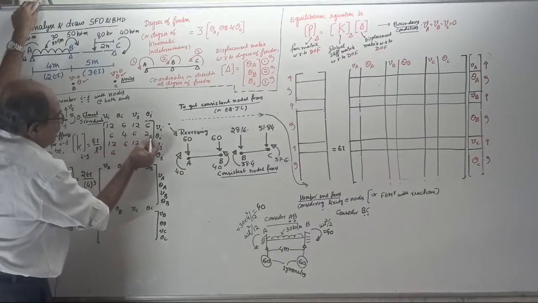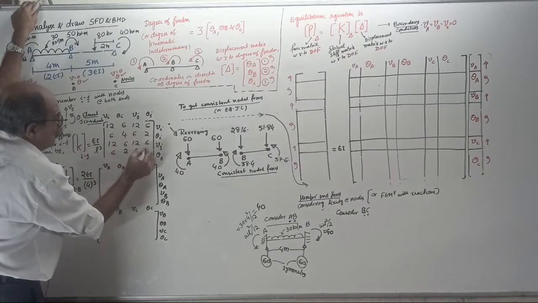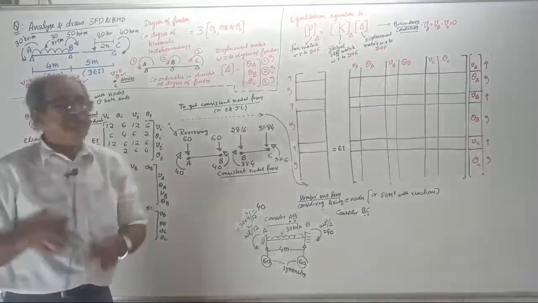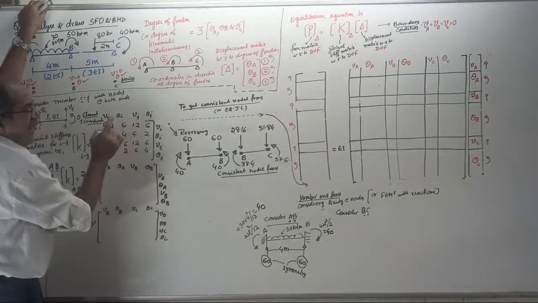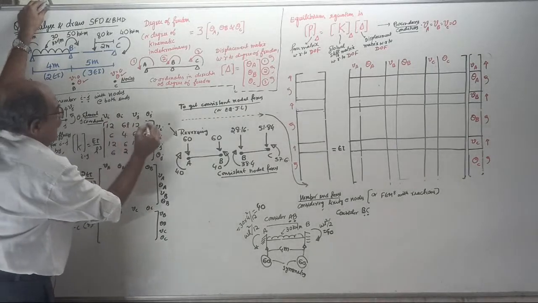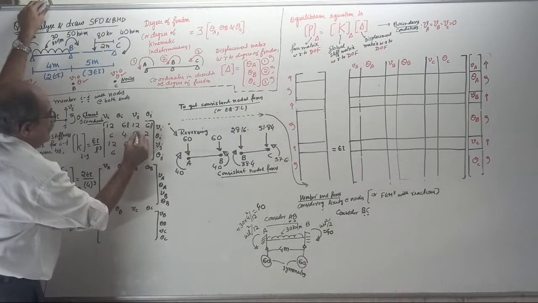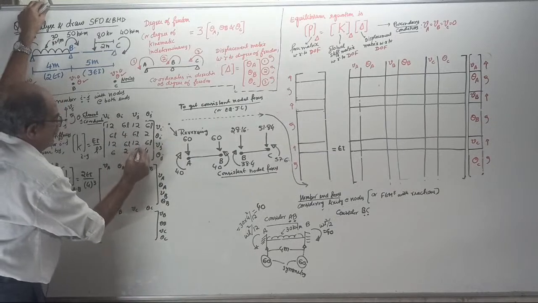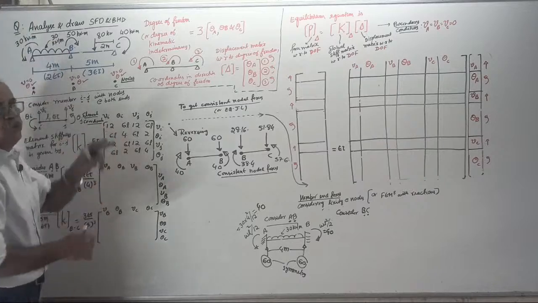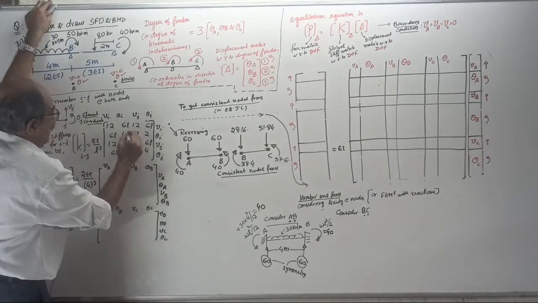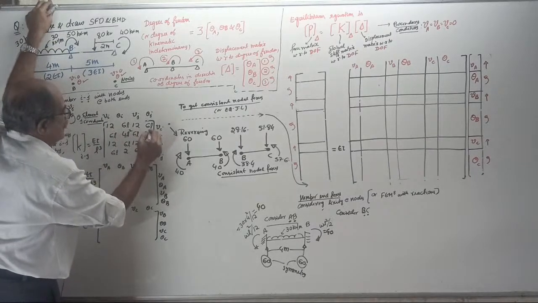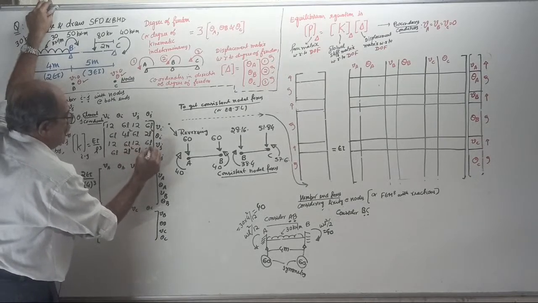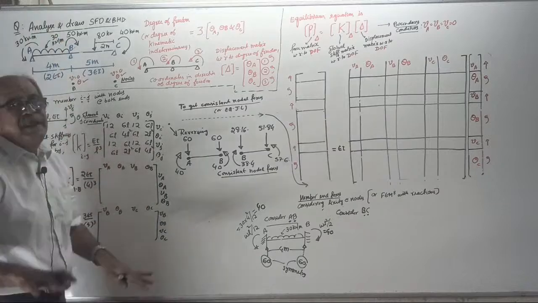Here 6, 4, 6, 2. Here 6, 2, 6, 4. Those who are in the FEM batch, I told 100 times. Then wherever 6 is there, L. Wherever 4 and 2 are there, L square. 12 will remain as it is.